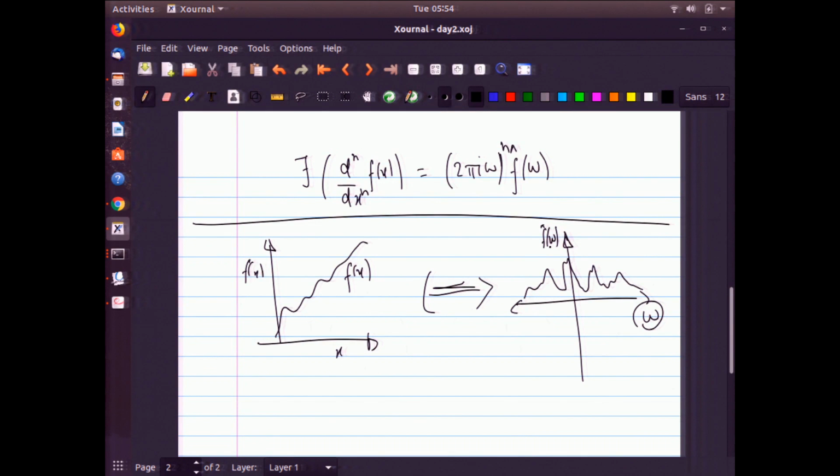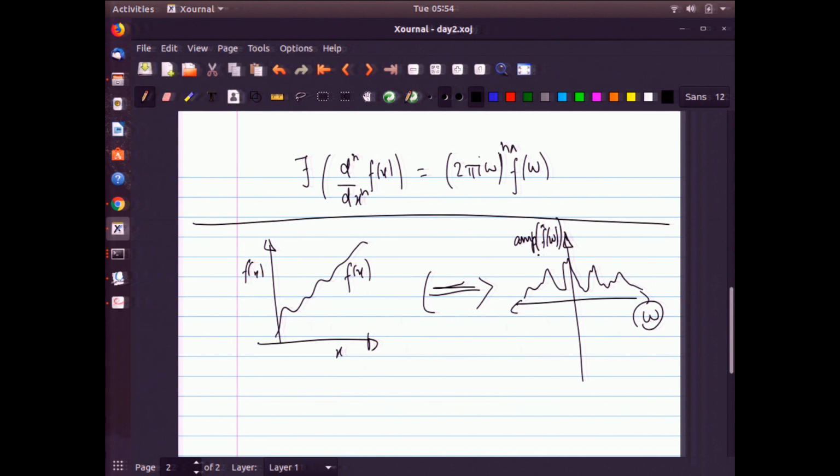I just told you that f cap of omega, anytime I tell you apply the Fourier transform, I want you to imagine a complex function, okay? It is not a function I can draw, right? So this cannot be f cap of omega. It either needs to be the amplitude of f cap of omega or its phase. This is something you should really build into yourself, and it takes time.